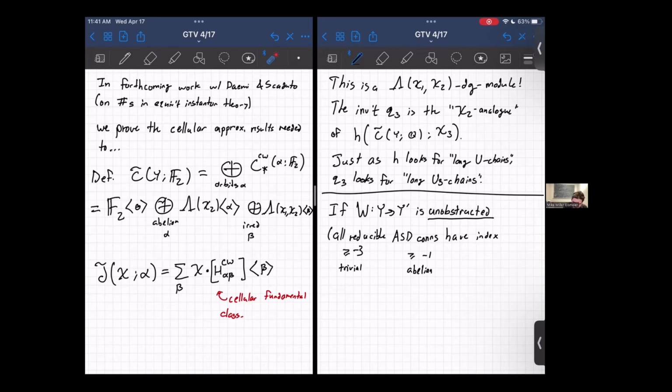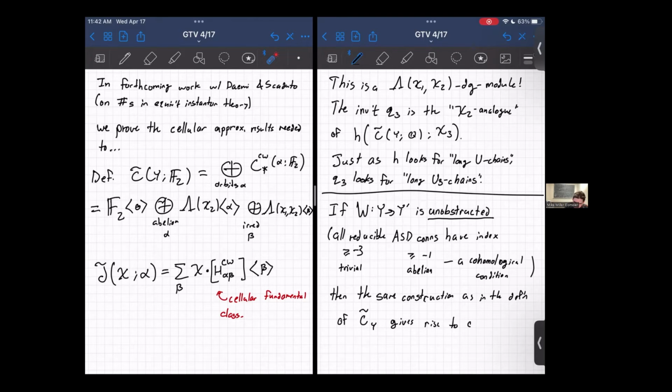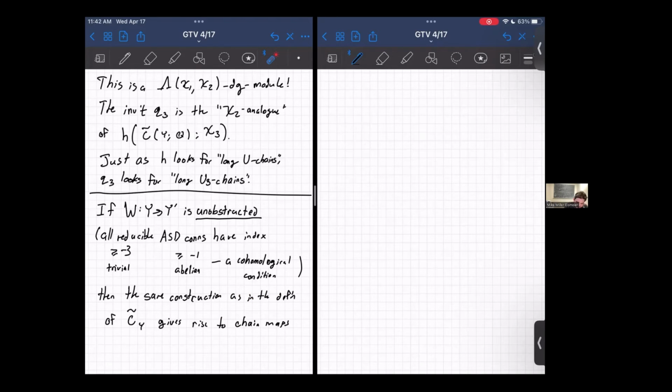And this condition I should add is a cohomological condition, essentially. Then I get a chain map. I get an equivariant chain map, in fact.